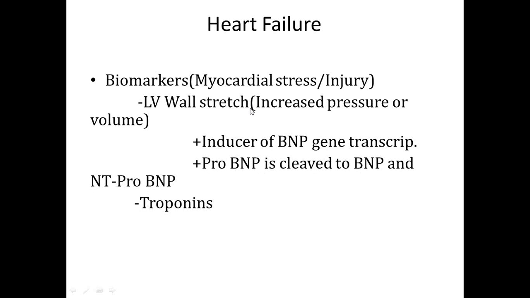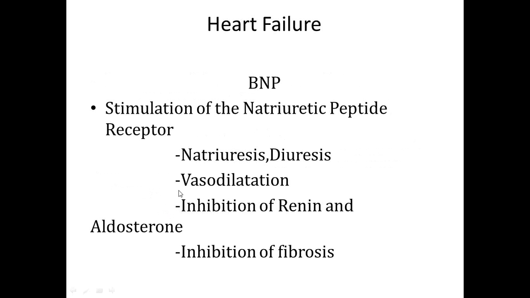If the injury to the myocardium is significant, you'll also get a leak of troponins. It depends on how significant the injury is. So let us concentrate on the BNP and the NT-proBNP, because those are the important ones.